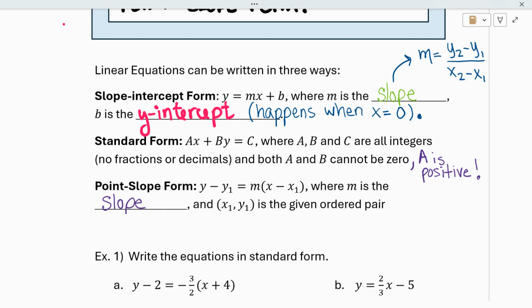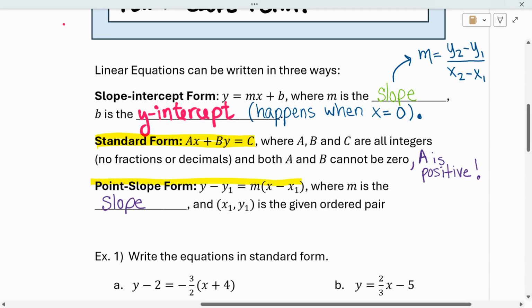I am going to highlight the two new forms. So standard form and point slope form. Because they're important. So this whole lesson today is just using standard form and point slope form.